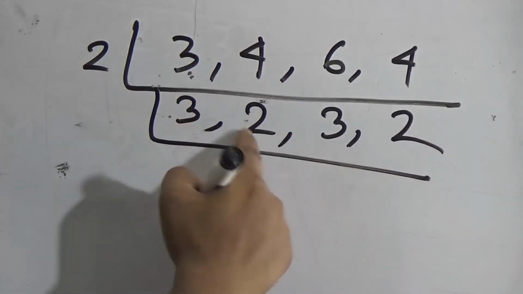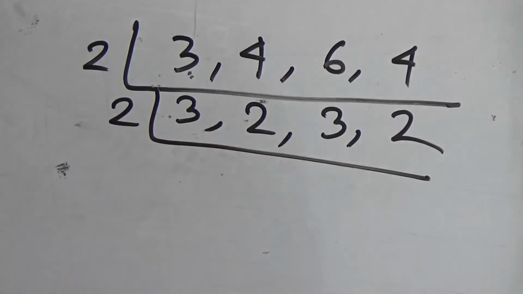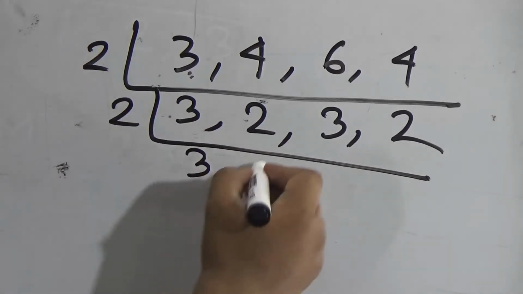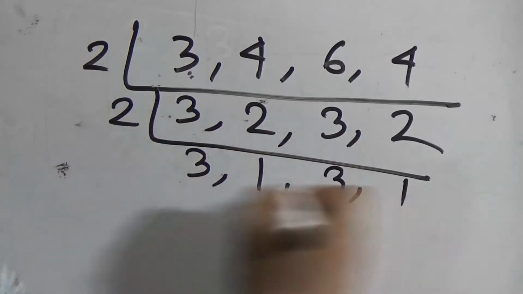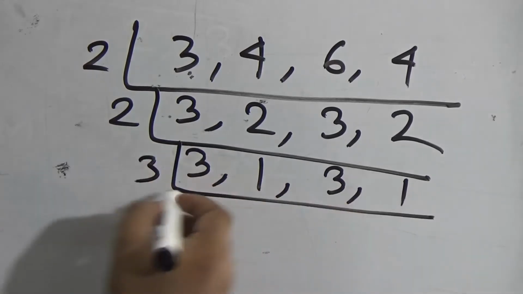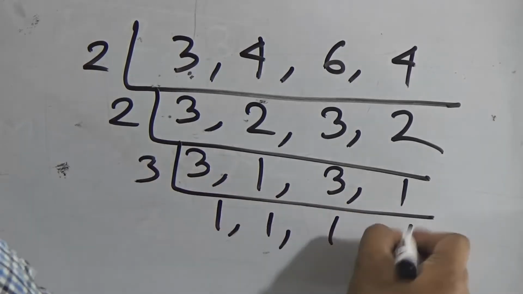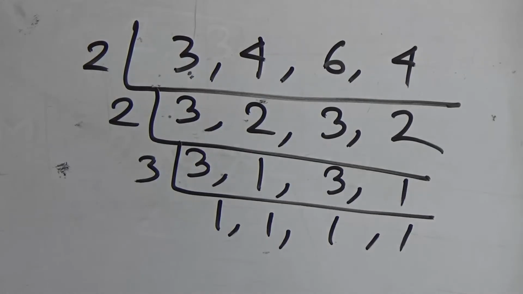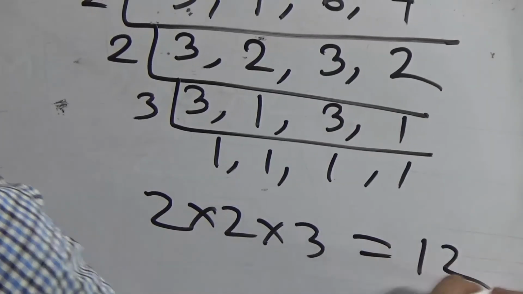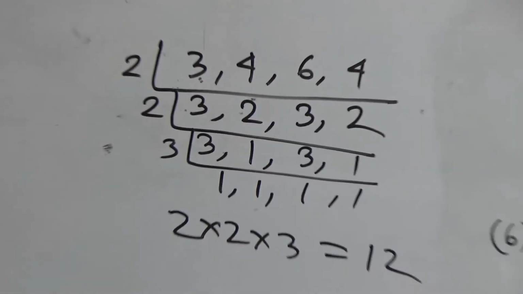Again you notice 2 and 2, so both are divided by 2 and 3 is left. 3 1 3 1. Next 3 1 1 1 1. Okay, 2 multiply 2 multiply 3, 2 2s are 4, 4 3s are 12. So now we write here 12.